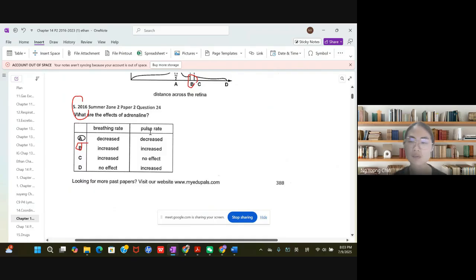And then for this one, what are the effects of adrenaline? I think this is your mistake, but I think you know adrenaline is a hormone. It's a very, very powerful hormone. What adrenaline does is increase the breathing rate, pulse rate, heartbeat, blood pressure, and also increase the blood glucose concentration. How it does this is it converts the glycogen stored inside the liver into glucose, and then releases the glucose to the bloodstream.